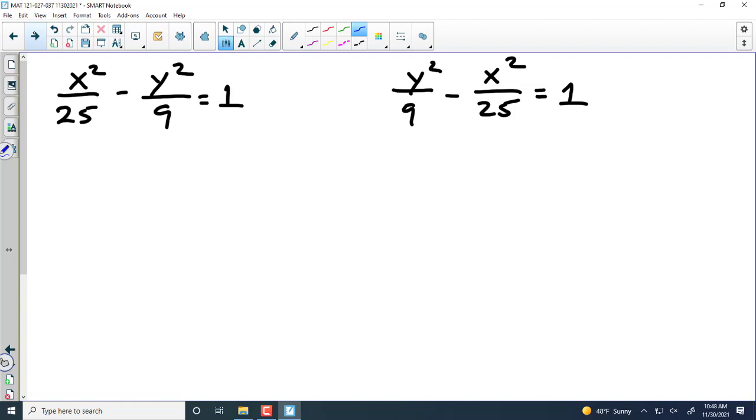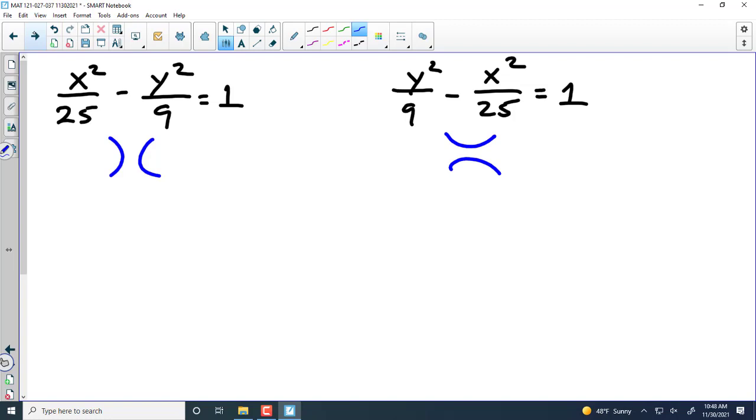We're going to jot down a few things about them, and then we're going to practice drawing the graphs. So first of all, do you know which way these hyperbolas open just by looking at the equation, whether they open left and right, or up and down? It's all about the first term, the positive term. This one, x squared, comes first. So does this one open left and right or up and down? Left and right. And this one, since the y squared comes first, is up and down. Are we all cool with that so far?